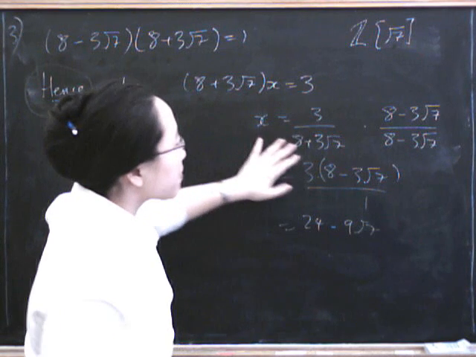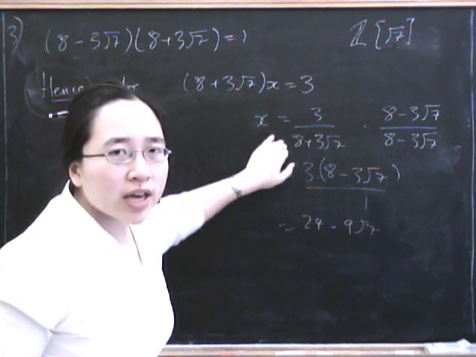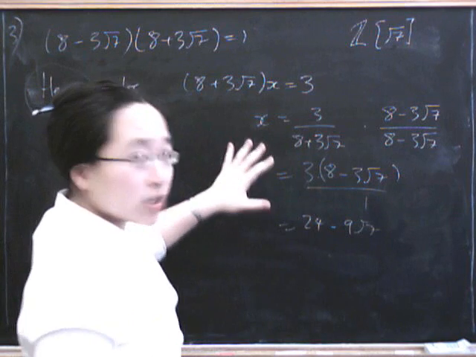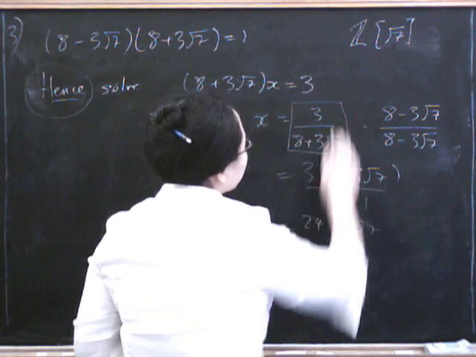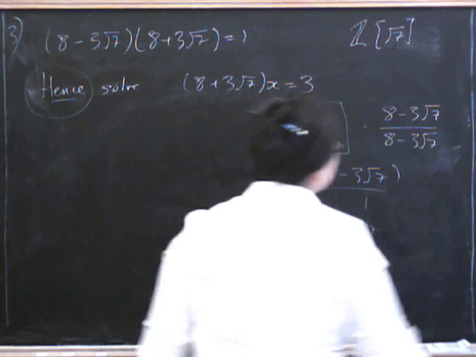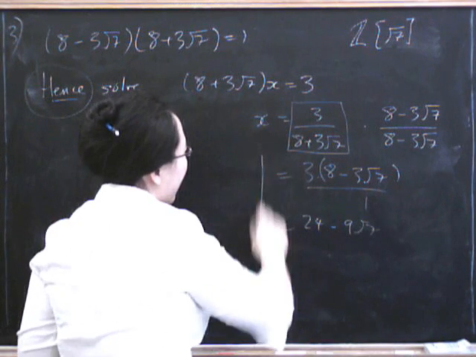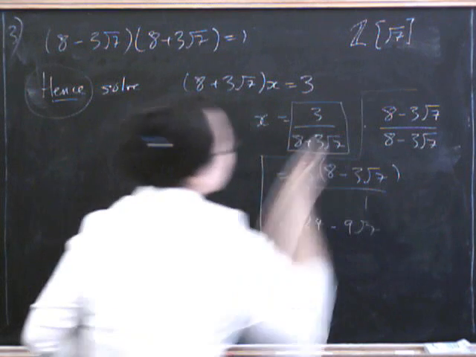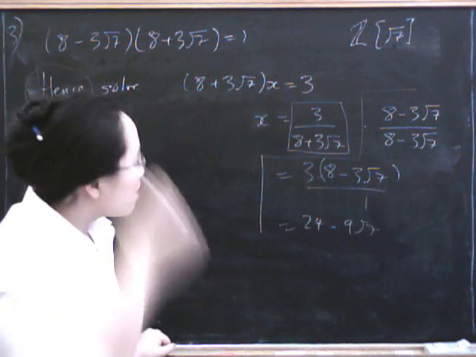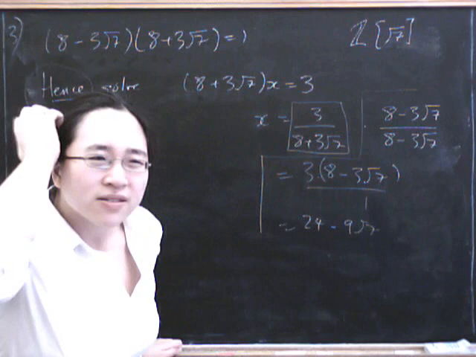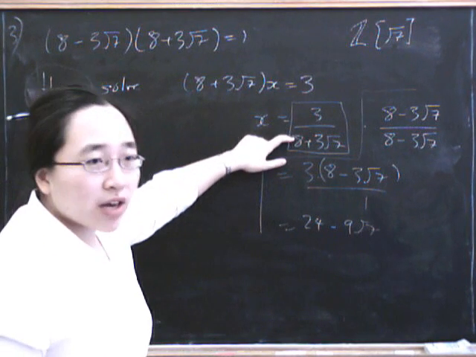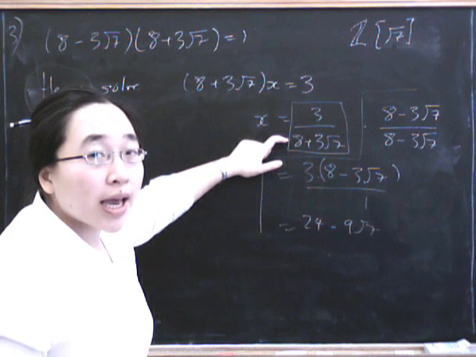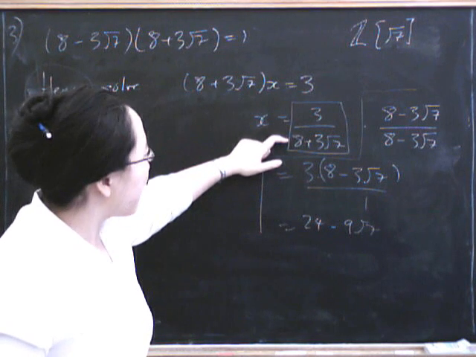But the thing is that what's actually going on here? This is kind of missing the point, right? Because what does this mean? The first step of this missing the point argument was to show that x, you use the fact that x equals 3 over 8 plus 3 root 7. But what does that actually mean? Well, dividing by something in a ring actually means multiplying by the multiplicative inverse.